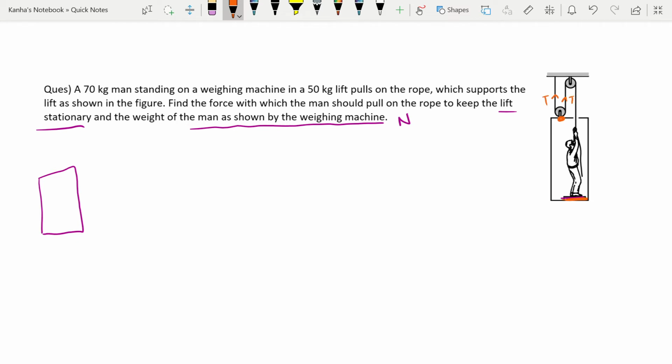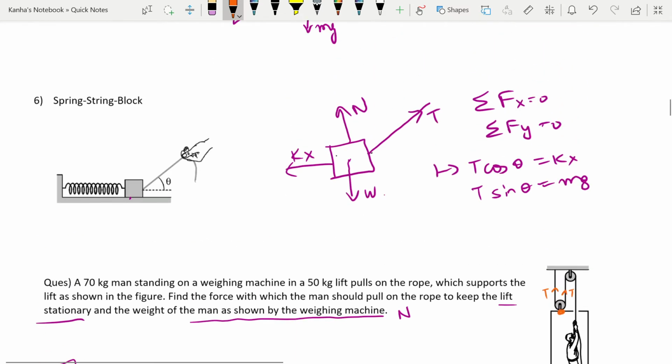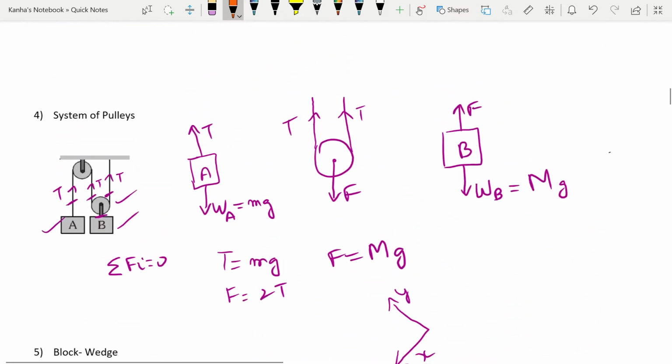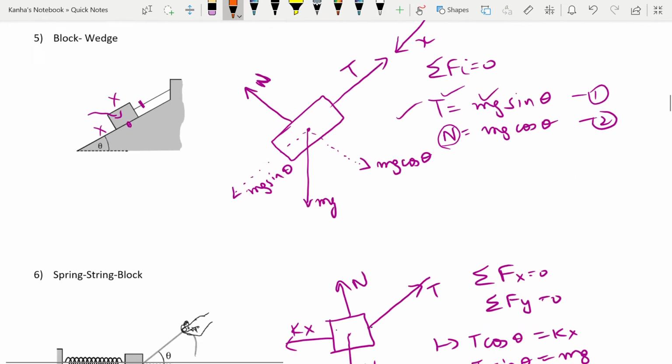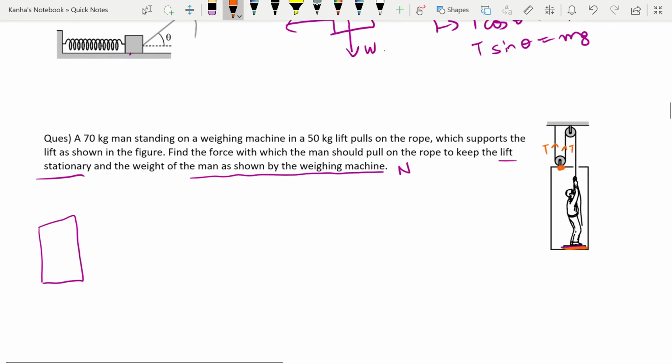Like in the previous problem, I'll go up and show you. In this problem, we found that this force was equal to 2 times T, because you had two T's in the upward direction and one F in the downward direction. When you balanced forces, you found F is equal to 2T. So this case is similar to that.